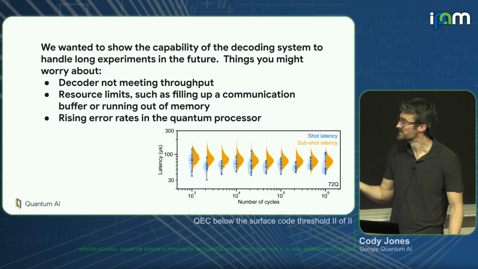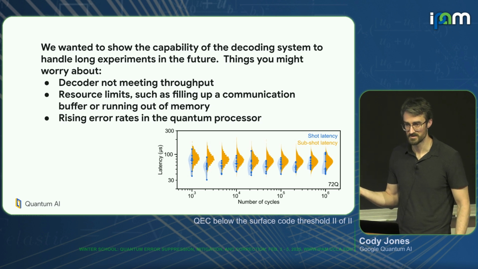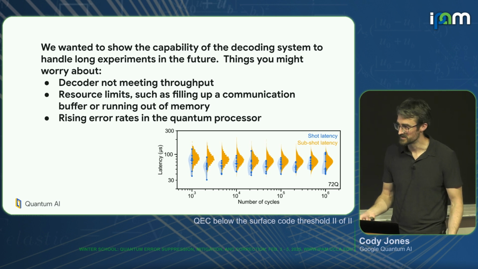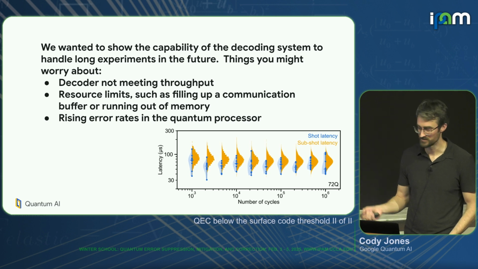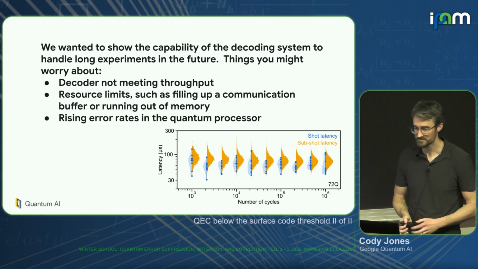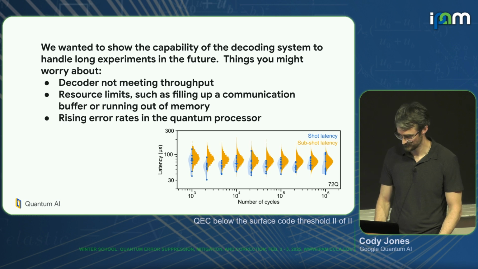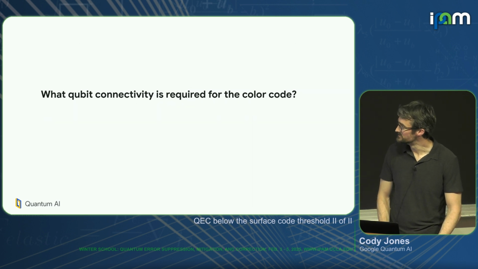And then finally, something you might worry about is rising error rates in the quantum processor. We can independently verify that the error rates are stable up to 1 million cycles. But I said the decoder is sensitive to the error rate, and you want to double check that everything is stable.